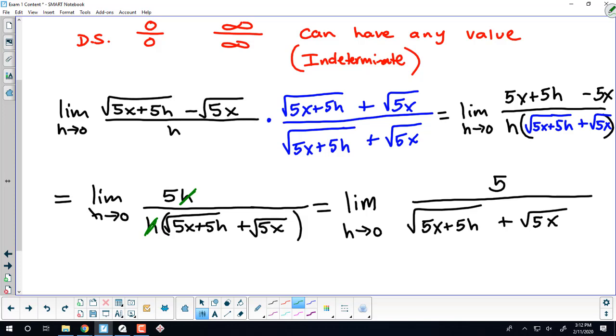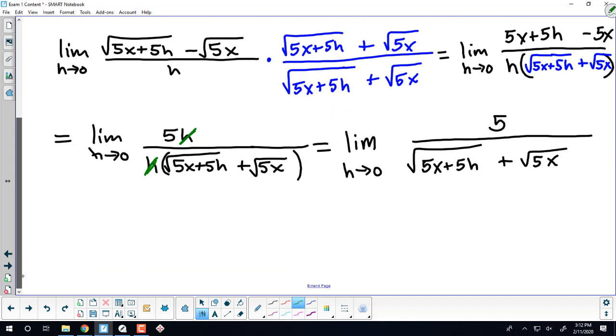It's going to be in terms of x, right? We weren't given anything, we just know x is some positive number. We get 5 up top, we get the square root of 5x plus 5 times 0. So we have the square root of 5x plus the other square root of 5x.